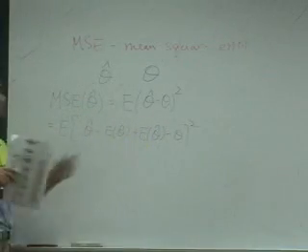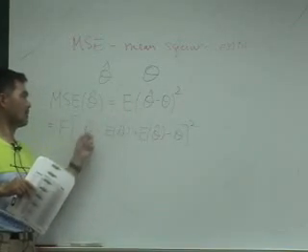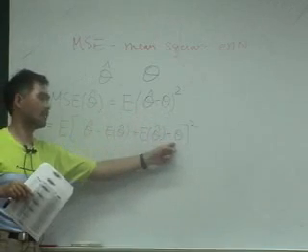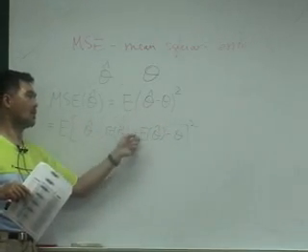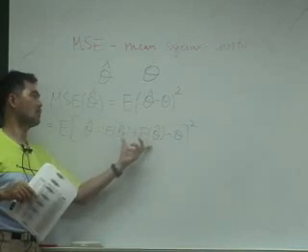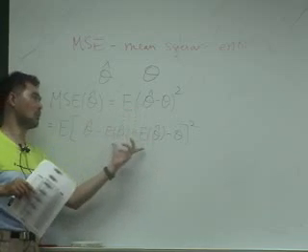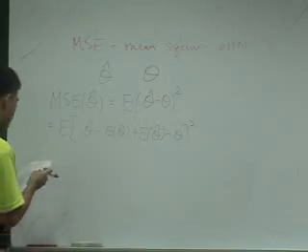So this is equal to this, right? Because you have theta hat minus theta, and here you have minus expectation theta hat plus expectation theta hat. So basically this is the same as this one. And now we're going to expand this one.